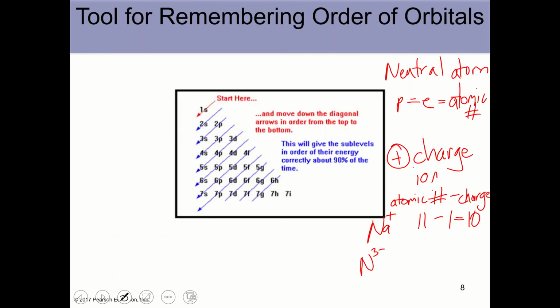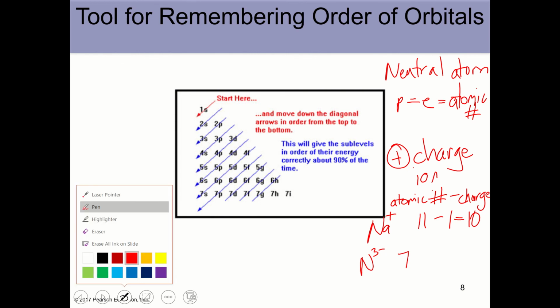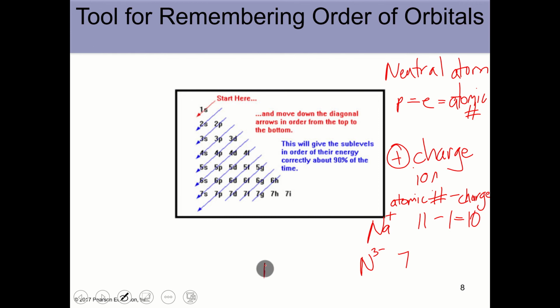So we would have 7, so this is for the negative charge. Same formula works. Atomic number 7 minus charge, which is -3, and you need to keep the sign or it won't work.